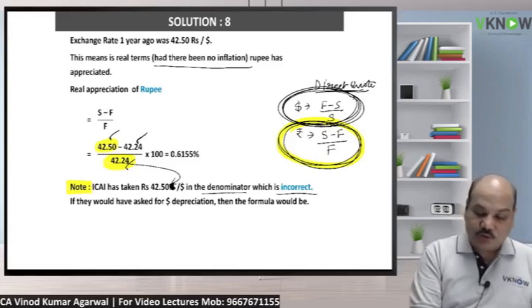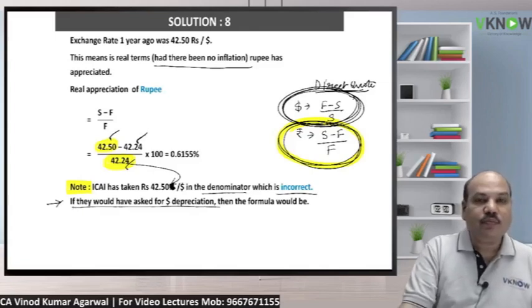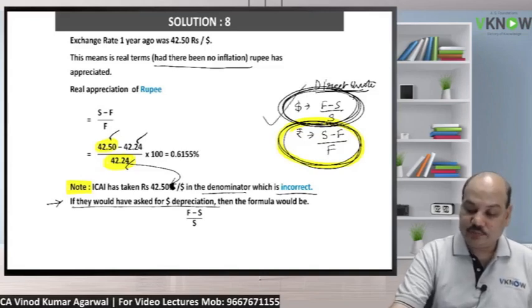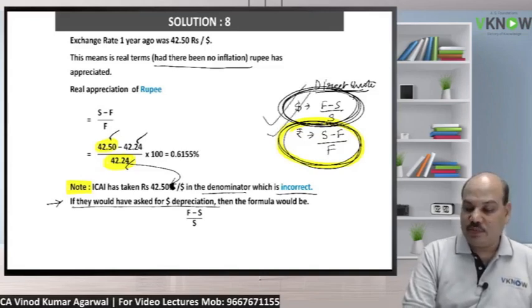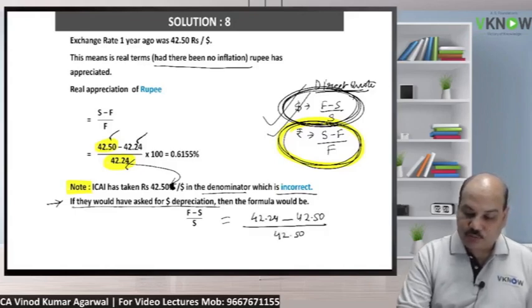Now, one extra thing I am discussing here, if they would have asked for dollar depreciation, this is beyond the question. Suppose in your exam they change the question and say dollar depreciation, then the formula would be F minus S upon S, and your answer would have been 42.24 minus 42.50 divided by 42.50.